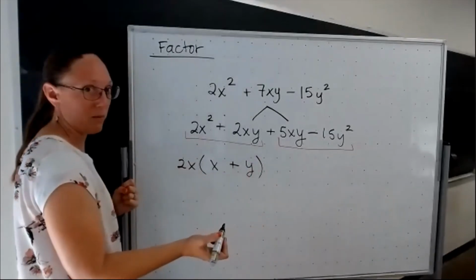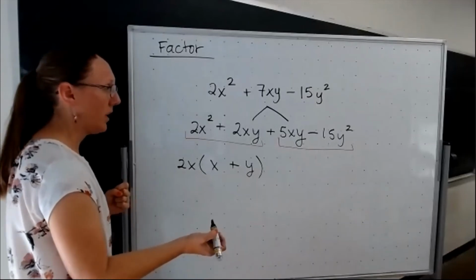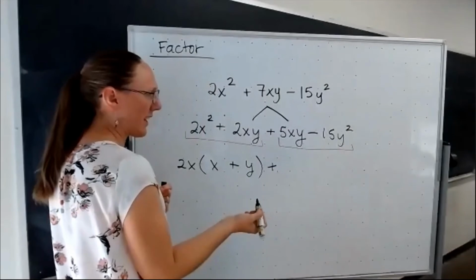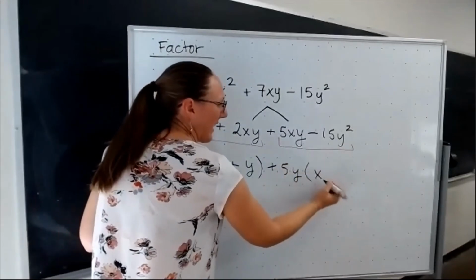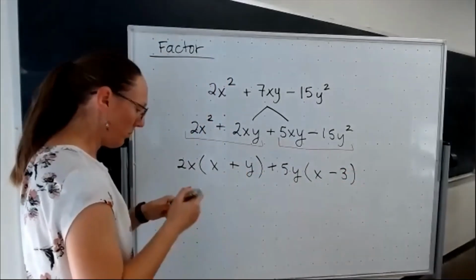I don't know if this is going to work. I'm just trying something because it sounded like fun. And from this second group, it looks like I can factor out a 5y and get an x minus 3. Nope.